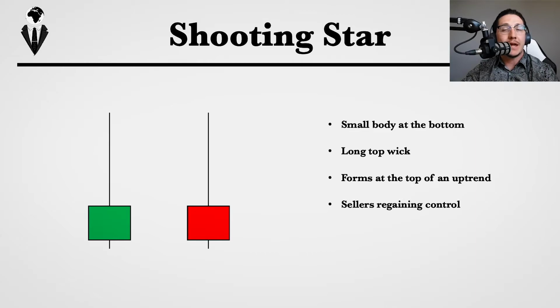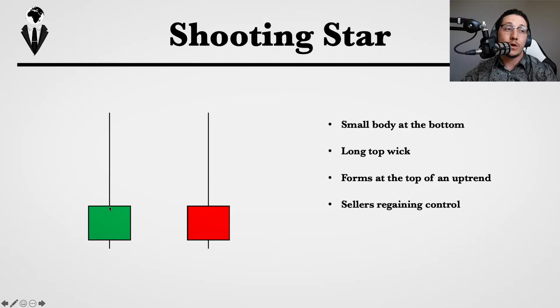As we discussed in the last one, buyers were able to bring this all the way up to the top here, but by the end of that trading day, sellers were regaining control and pushed it all the way down, almost back to the opening price. In this green candle here, you can see it opened at the bottom, pushed all the way to here. Sellers were able to close it here.